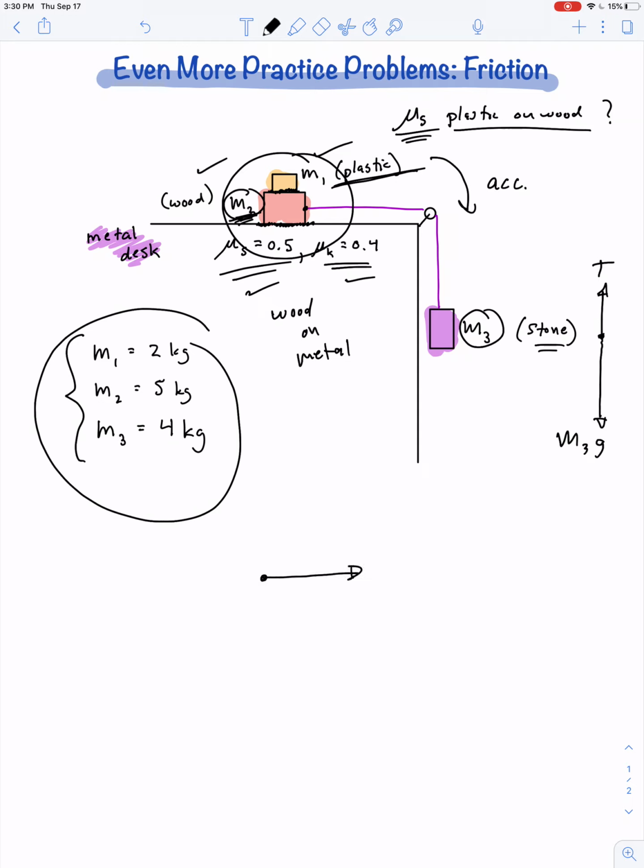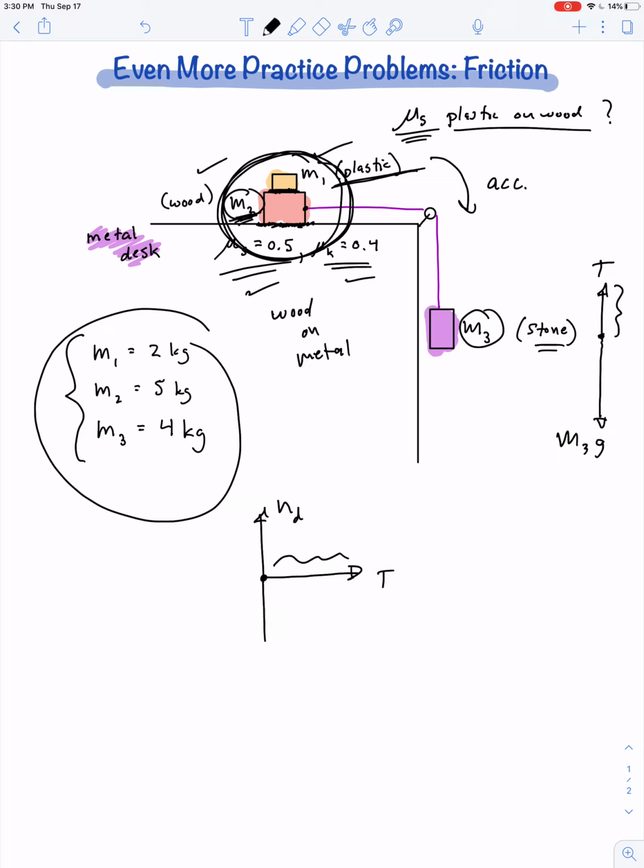So pulling to the right is the same tension that's pulling upward on block number 3. Now there's a couple of normal forces. There's the normal force of contact between the plastic and the wood, but because we're making a free body diagram for the 2 of those combined, that's an internal force. External is the normal force at the desk. So there we go. We'll call that N subscript D, normal force of the desk.